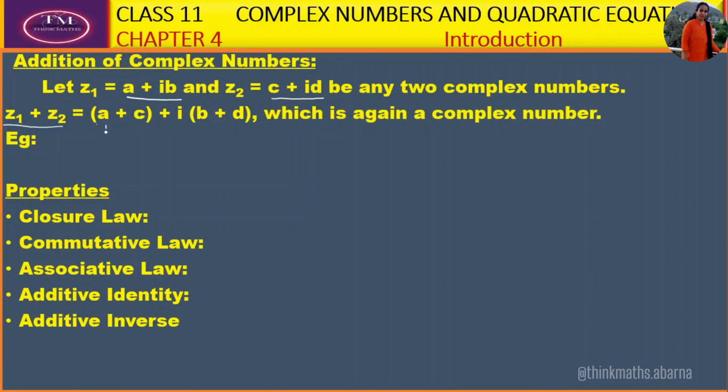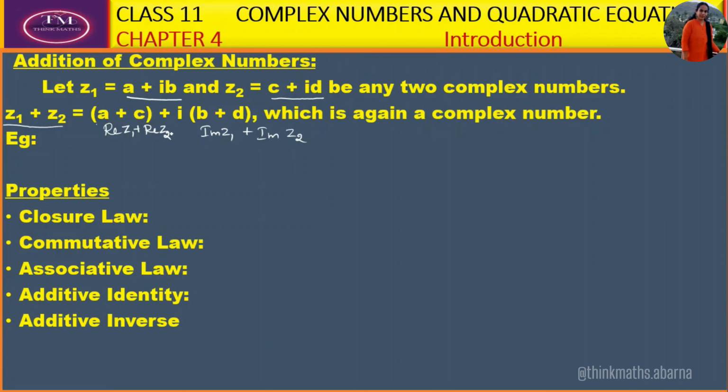We have to add the real parts: real part of Z1 plus real part of Z2, plus i into the sum of the imaginary part of Z1 and the imaginary part of Z2. This will also be a complex number of the form A plus iB. So adding complex numbers, its result will also be a complex number.